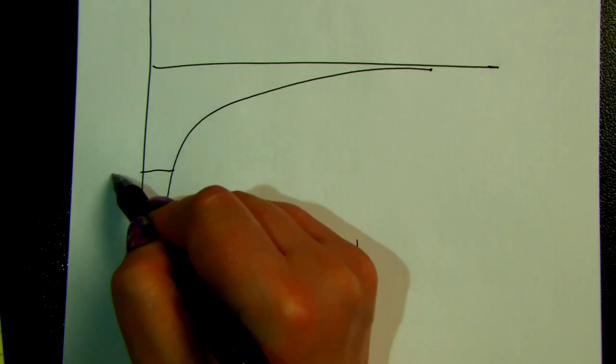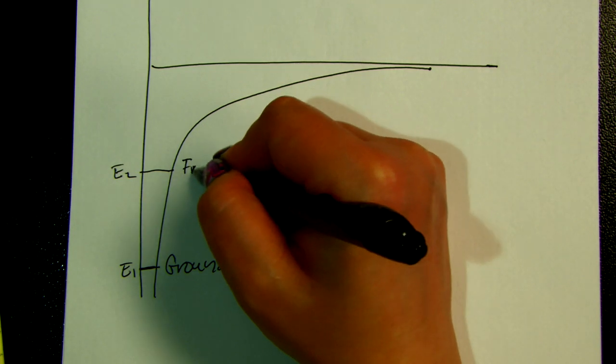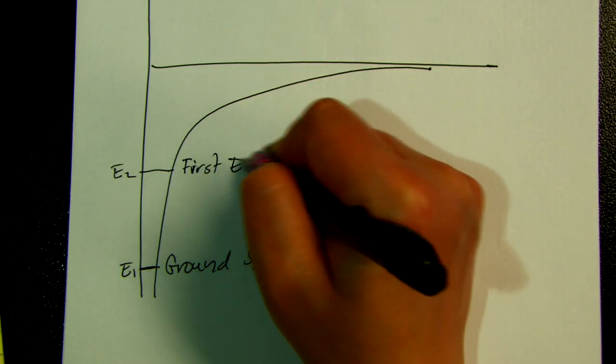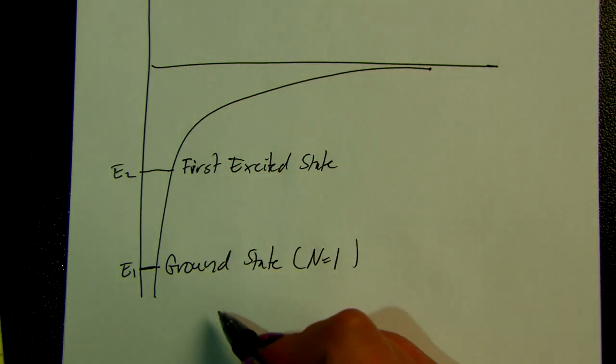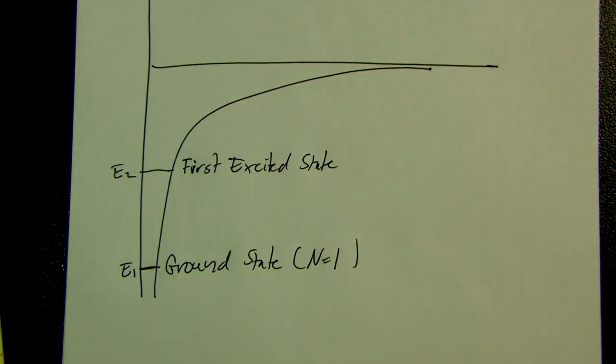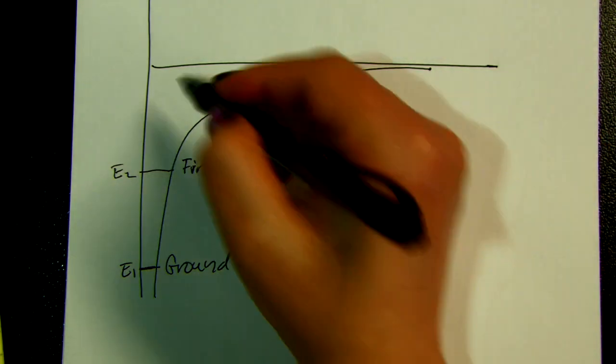The second energy level, E2, is the first excited state. If an electron is in the ground state, it's not excited. If it is in n equals 2, then it must have gotten excited to get there. And so that's n equals 2.